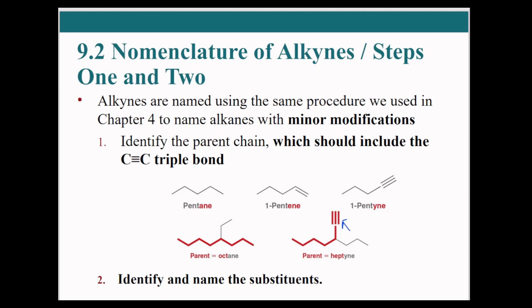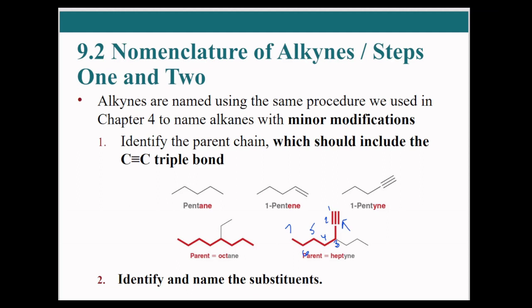Okay, and so even if that chain is shorter, even if it's not the longest continuous carbon chain available in the molecule, we need to include that triple bond functional group in order to name the molecule properly. And so we have to include that as part of our parent. So the longest continuous chain in this molecule on the right would include 1, 2, 3, 4, 5, 6, 7 carbons.